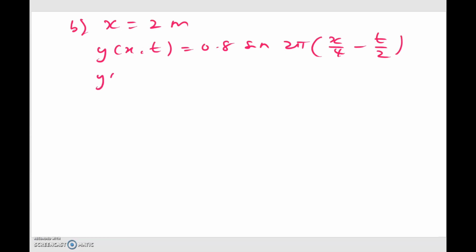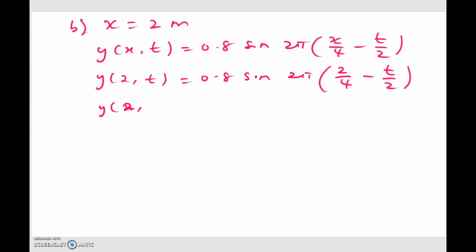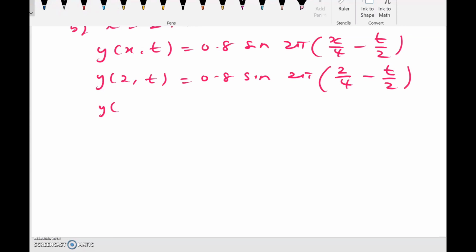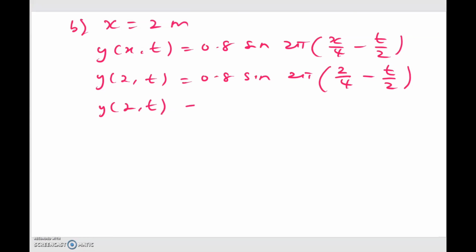So here your x is 2, so 0.8 sine 2 pi times 2 over 4 minus t over 2. So y of 2, t is equal to 0.8 sine pi minus pi t.